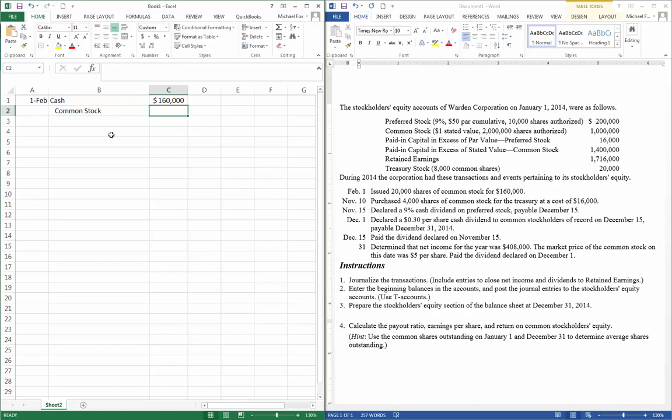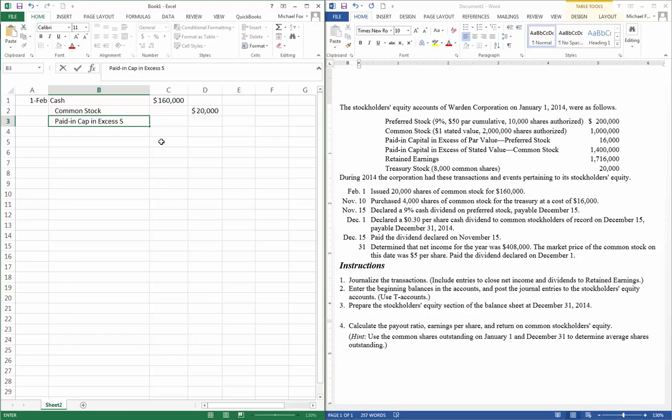If it was 20,000 shares and the stock has a $1 stated value per share, then that's going to equal 20,000 shares times $1, or $20,000. And then the last one will be the paid-in capital in excess of stated value.